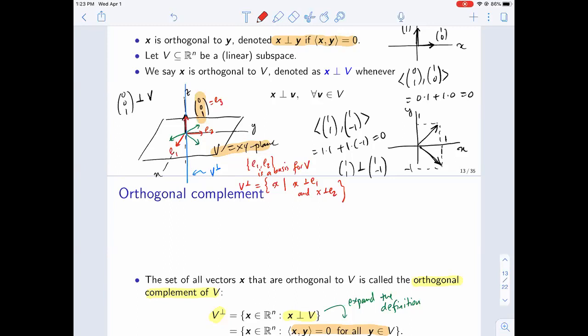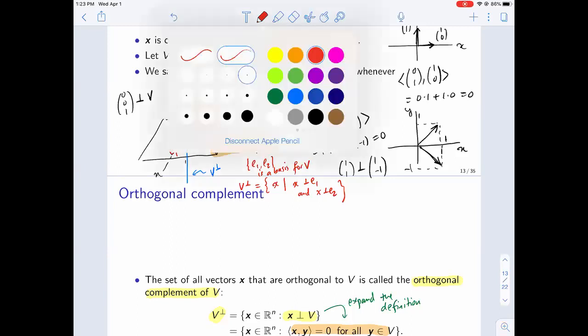Another way, equivalently, so let's say you want a formal proof. The formal proof is: you can write V perp as the set of all x's such that the inner product of x and E1 is 0, and the inner product of x and E2 is 0.